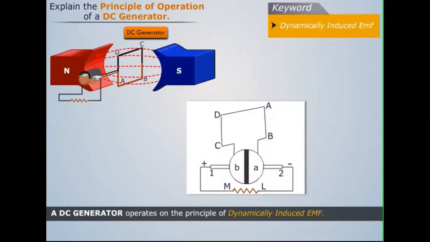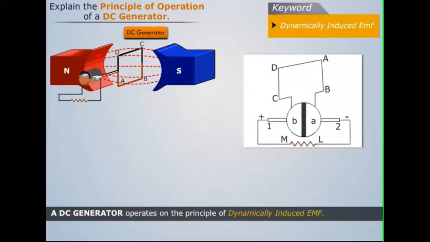Also, the position of the segments A and B gets reversed and brush 1 comes in contact with segment B, which now acts as the positive supply, and brush 2 comes in contact with segment A, which now acts as the negative supply. Thus, we see that the direction of current in the load resistance still remains from M to L.